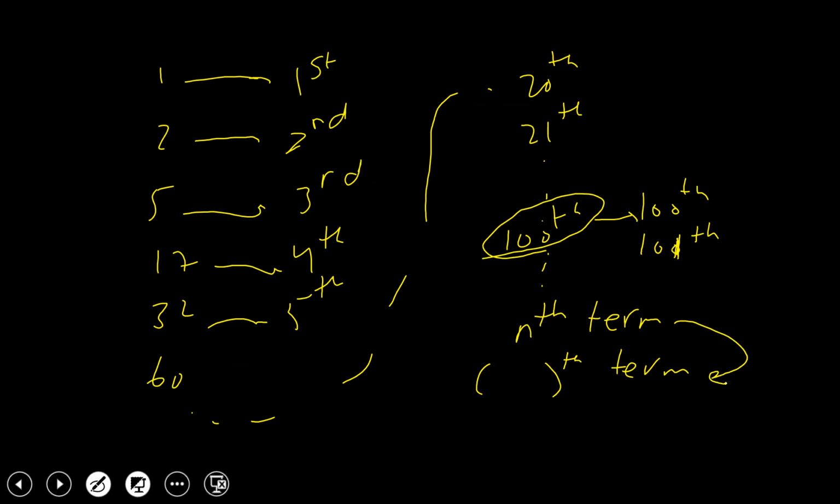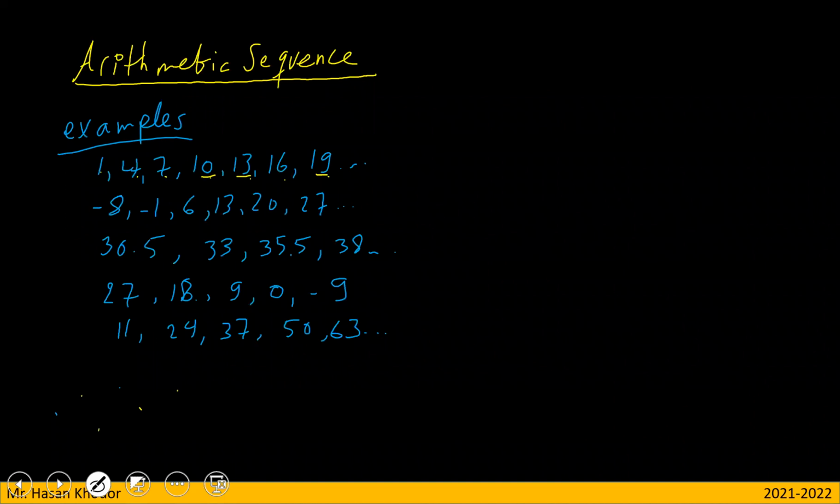N plus 1. The n plus 1th term, exactly. After the 8th term, we will get the 9th. After the 80th term, we will get the 81st. After the nth term, the n plus 1th term. So if we subtract any two consecutive terms, let's say un plus 1 minus un, we will get 3 always.